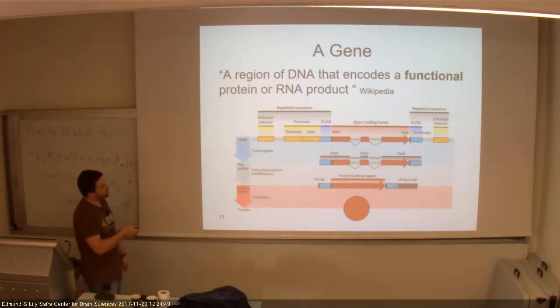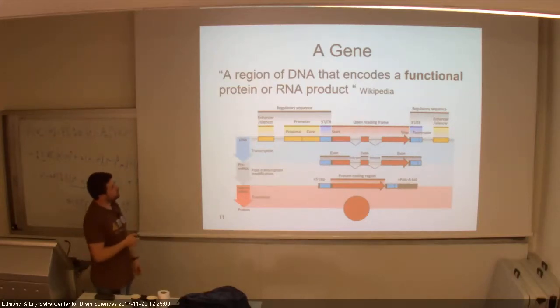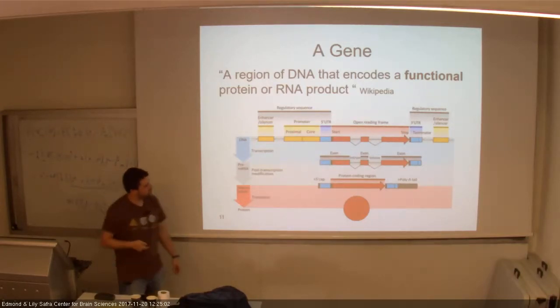So the promoter sequences are very specific to the type of gene that they're found before, and there are also specific proteins that know how to identify these promoter sequences.